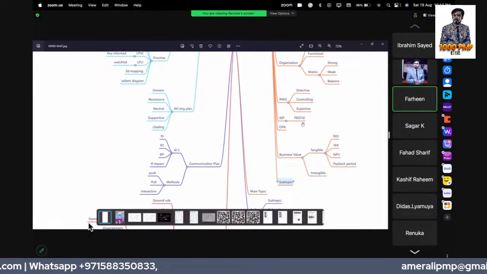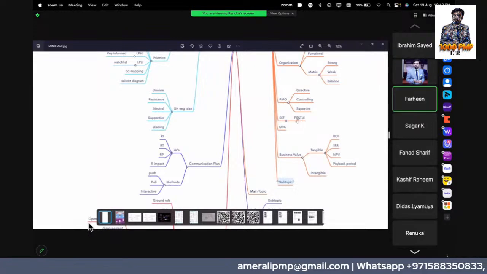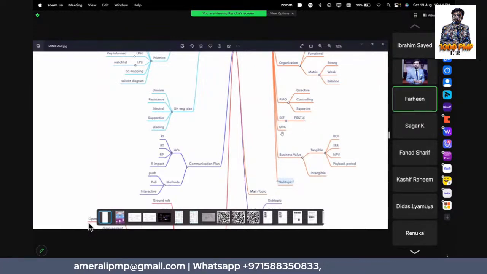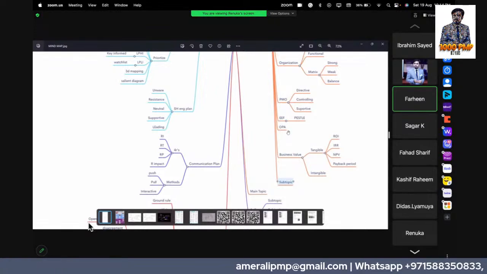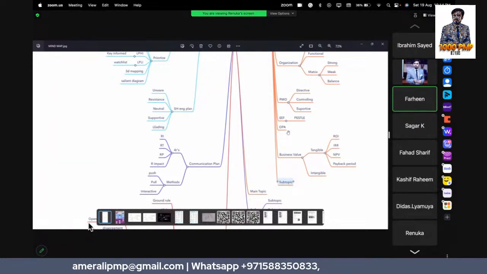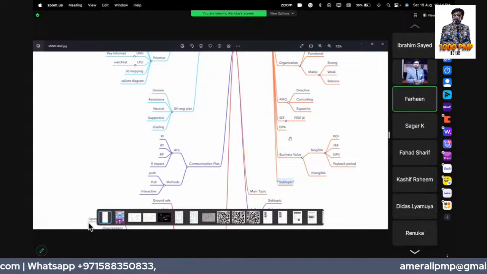Those cover the PESTEL, which is the political, economic, social, technical, legal, and environmental factors. They apply to the business environment and to the communication. We also have the OPA, which is the organizational process assets. Those include policies, procedures, tools, databases, lessons learned registers, etc.